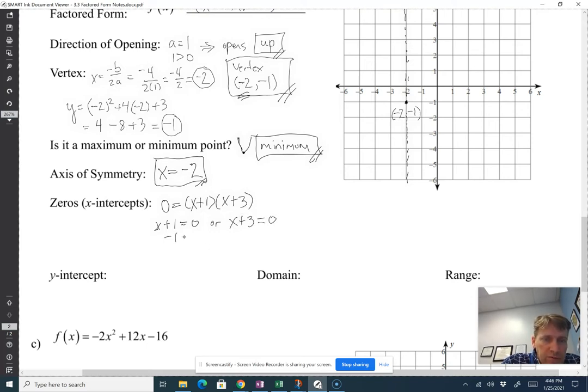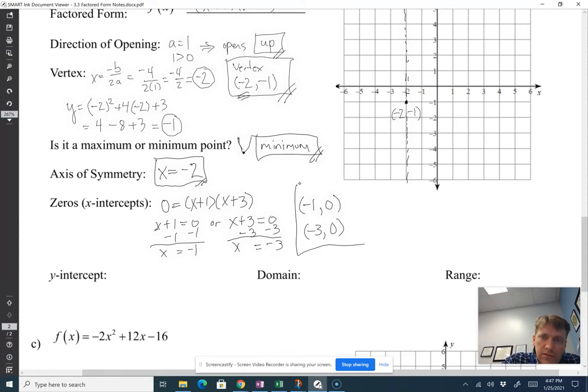And then I subtract 1 from both sides. X then equals -1. Or subtract 3 from both sides. X then is equal to -3. And so our two zeros, or our two x-intercepts, are -1, comma 0, or -3, comma 0.